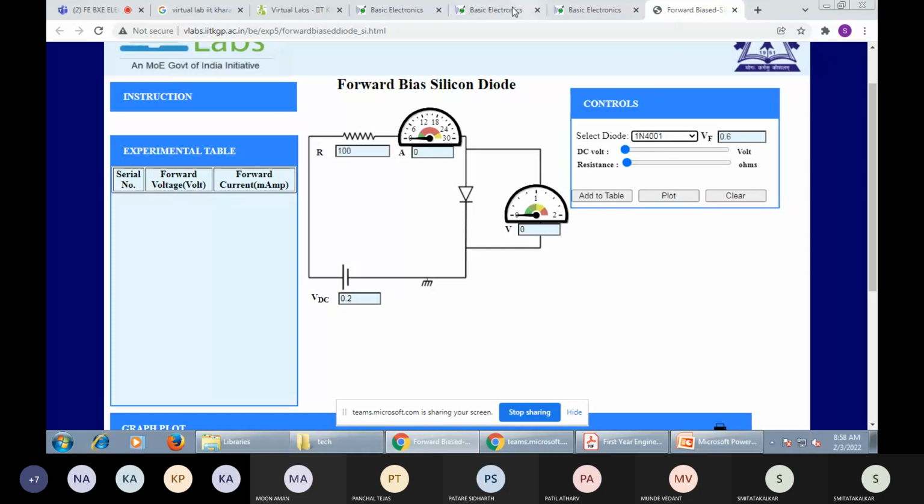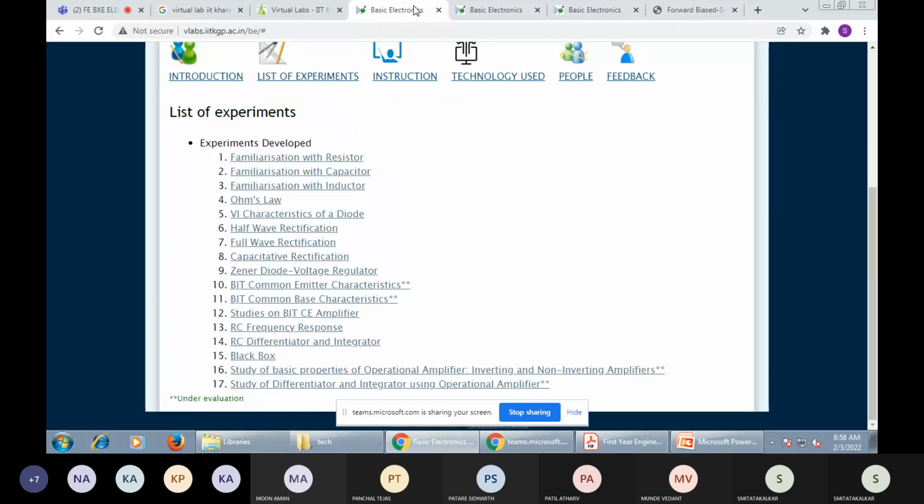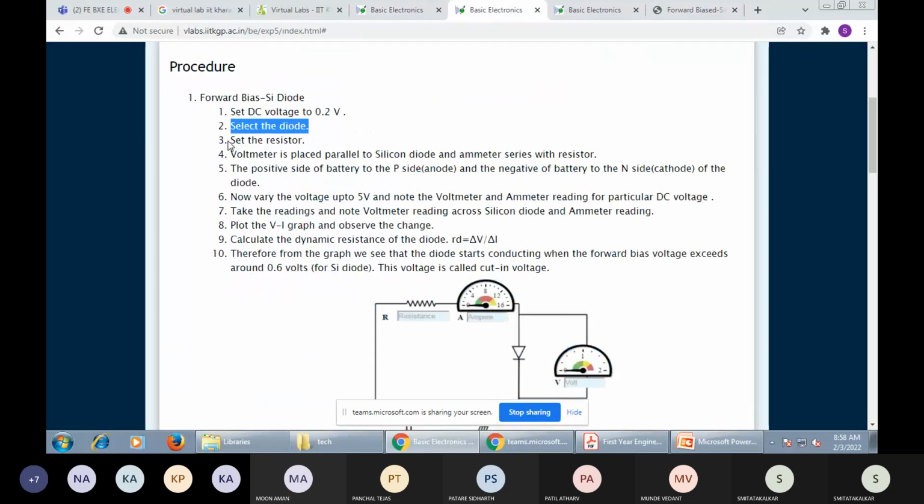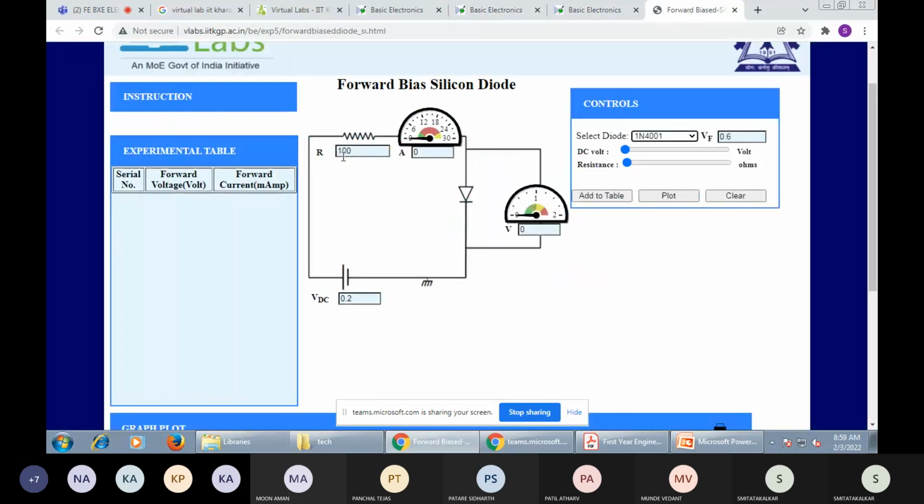The diode is selected. Then the third point, set the resistor. We can set the resistor to approximately 1 kilo ohm because it is controlling the current. Here it is 100 ohm.